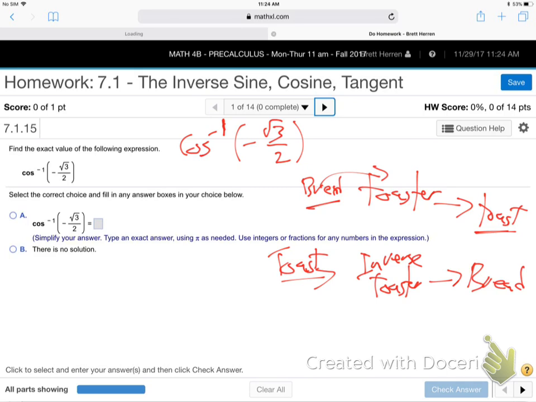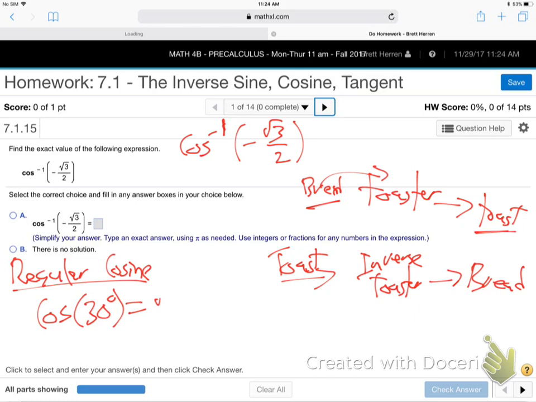What does a regular cosine do? You plug in an angle, like 30 degrees or whatever. What is the cosine of 30 degrees? It's root 3 over 2 on the unit circle, right?